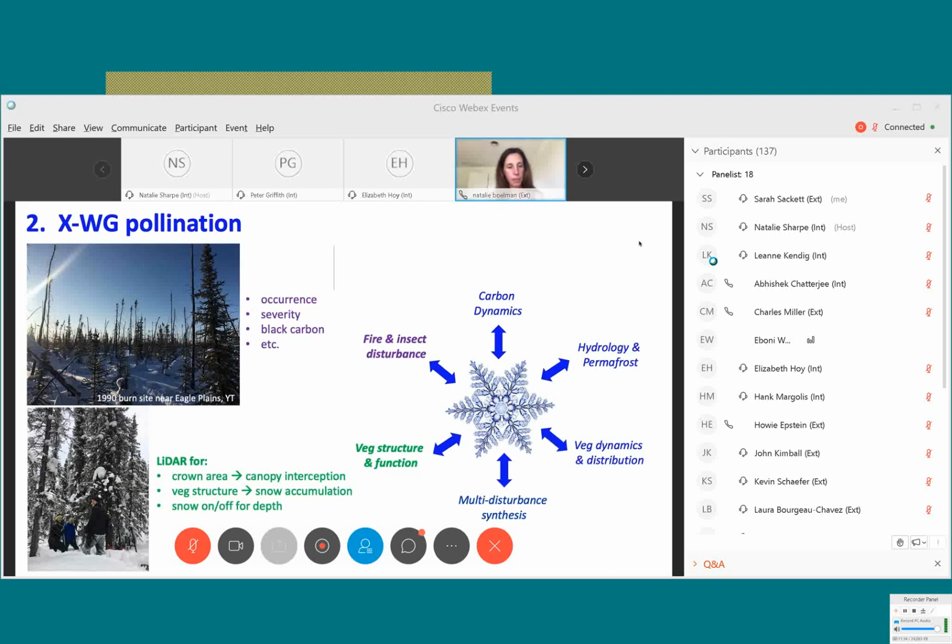At the same time, whether we're considering fire or not, things that we could use to improve upon the snow model products are things we can get from the LiDAR that the veg structure and function group uses a whole lot. So crown areas that tell us about canopy interception, so the snow that is caught on the canopy.